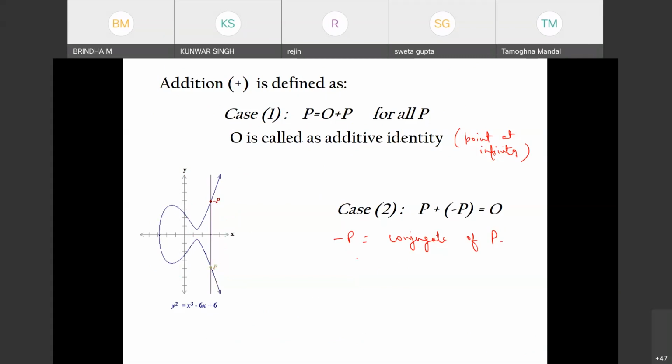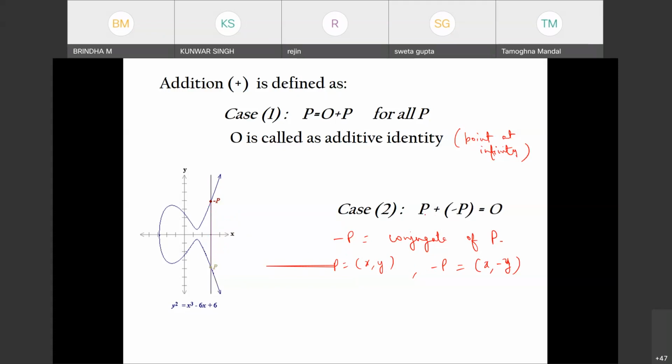How will minus P be there? P is, let's say, (x, y), then minus P will be (x, minus y). X will be the same and y will be negated. If this is minus 3, this will be plus 3. That is the conjugate.